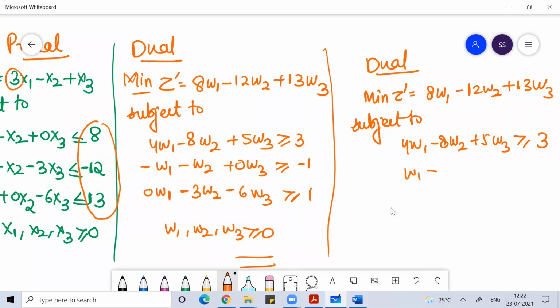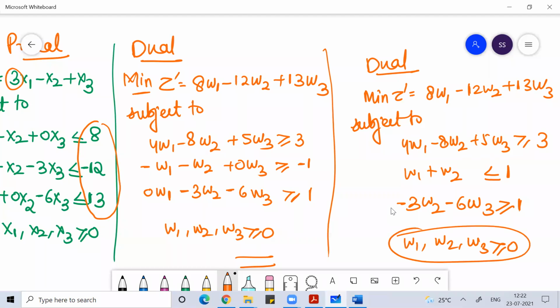Then w1 plus w2 is less than or equal to 1. Then you can write the same thing, minus 3w2 minus 6w3 is greater than or equal to 1, where w1, w2, w3 is greater than or equal to 0. Clear, everyone?